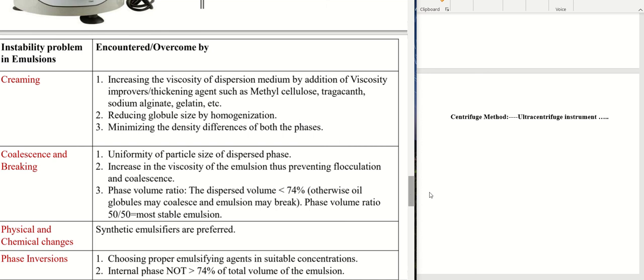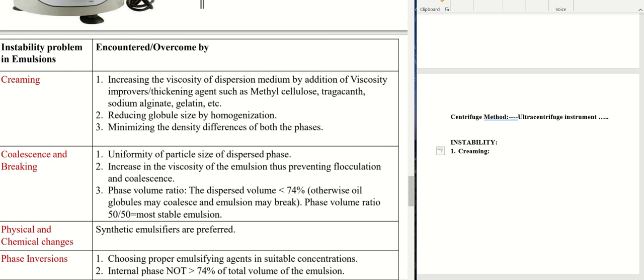The first instability problem would be creaming. Creaming is a phenomenon of the migration of the oily phase and the aqueous phase based on their density differences.